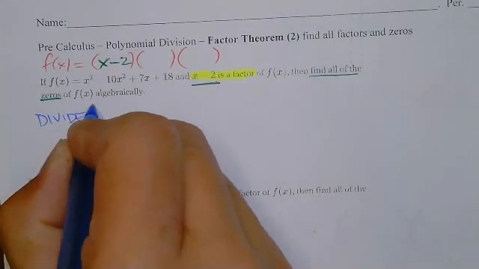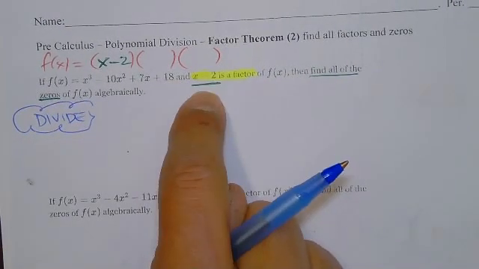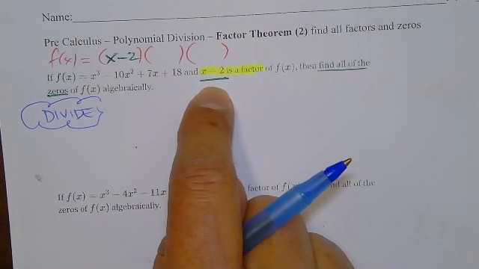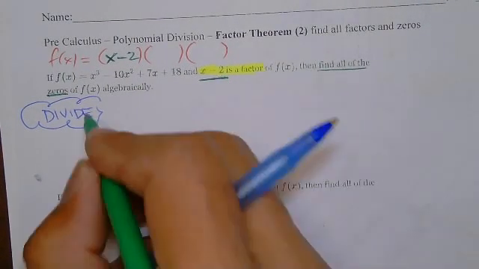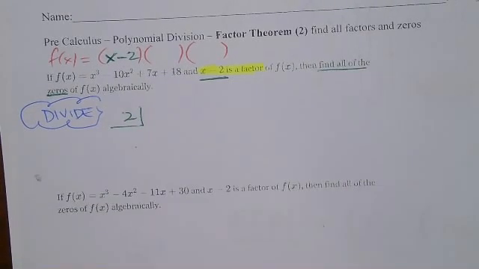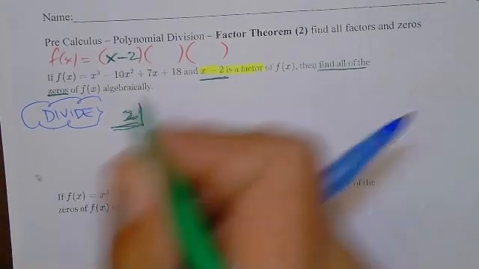So we're going to divide. What kind of division do you think we're going to do to figure this out? How about synthetic, yeah? We only got to do it once. If we're going to do synthetic division and that says x minus 2, isn't 2 going into that little box like that?